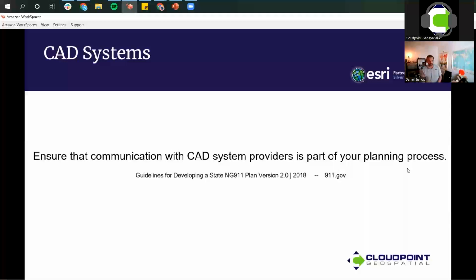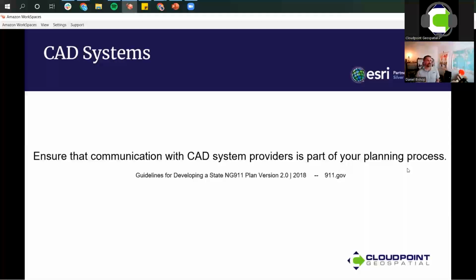So the first thing we need to discuss is CAD software. A lot of times, from my experience, our GIS professionals are kept at arm's length or only have a vague understanding of how their CAD software within their environment really works. So starting that communication with your CAD system providers is really important, and it's encouraged under several different guidelines.